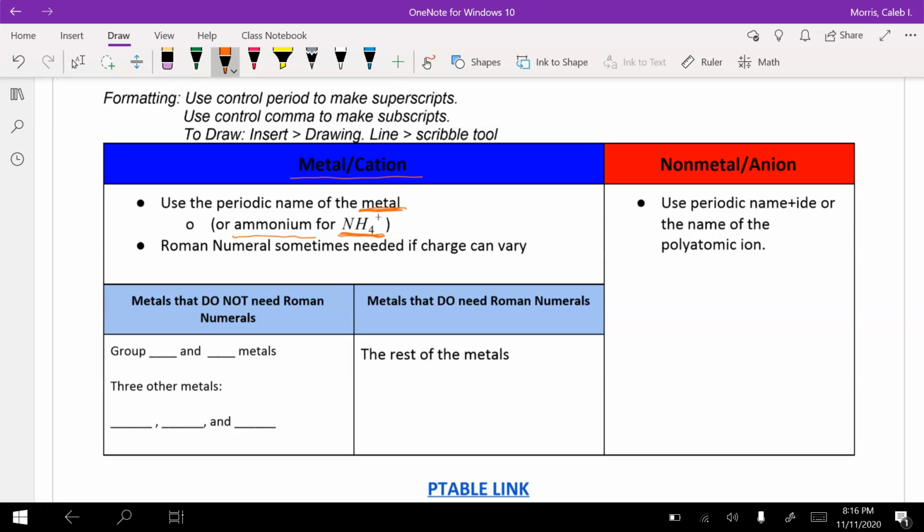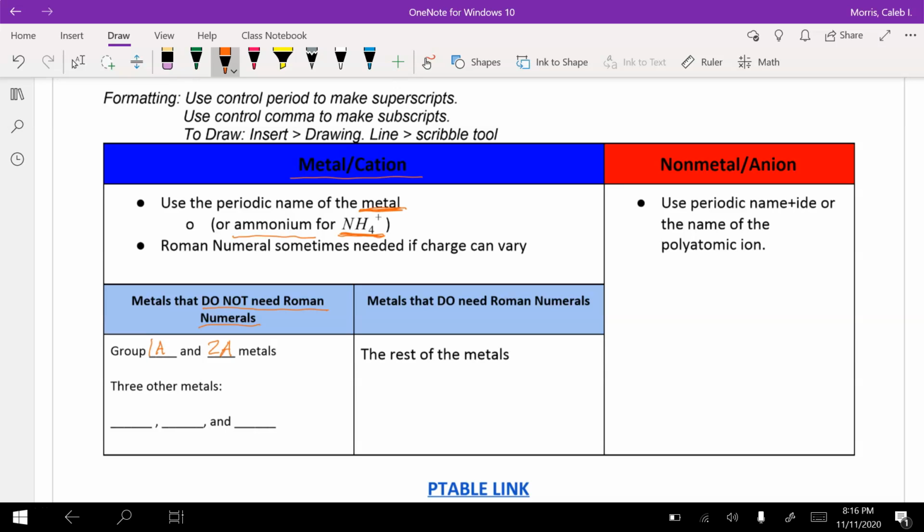So metals that do not need Roman numerals are the ones that we already know the charge of, based on where they are on the periodic table. There's only a few of these. It's group 1A and 2A metals, group 1 and 2 metals, and then there are 3 others.